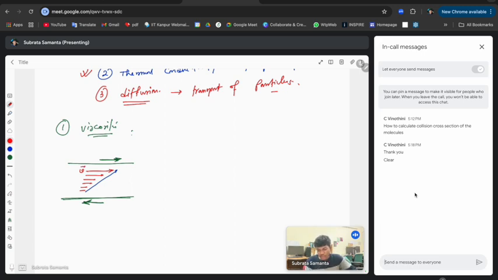So flux, sorry, not flux, the shear stress between the layers. This is layer 1 and this is layer 2.